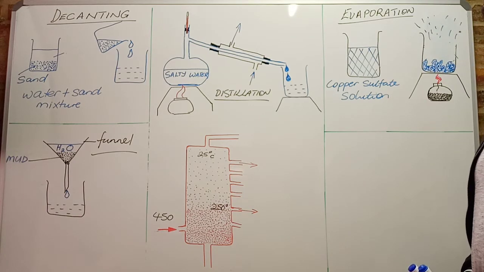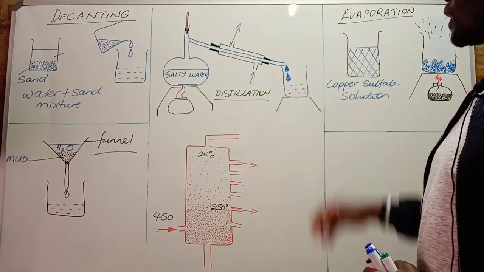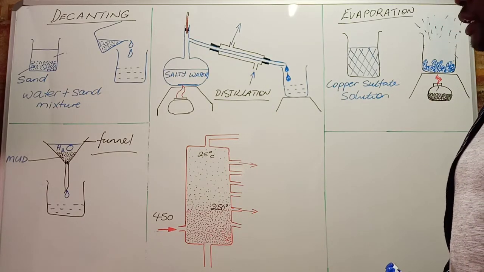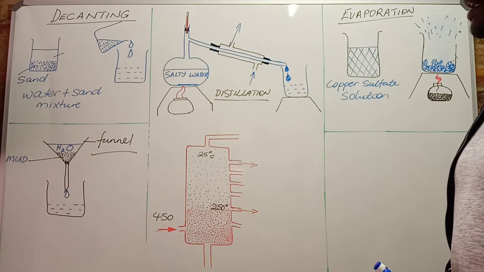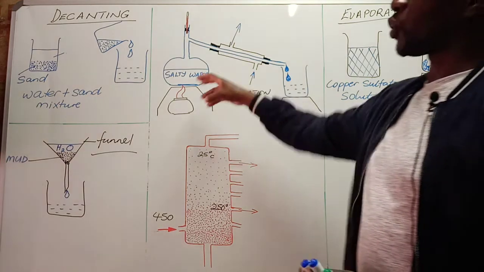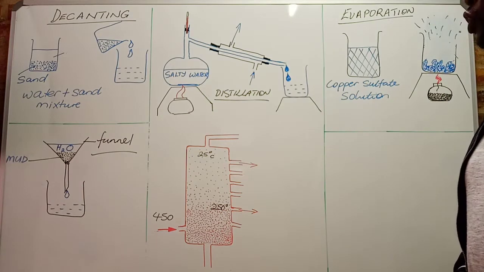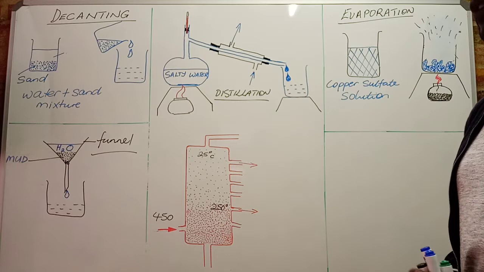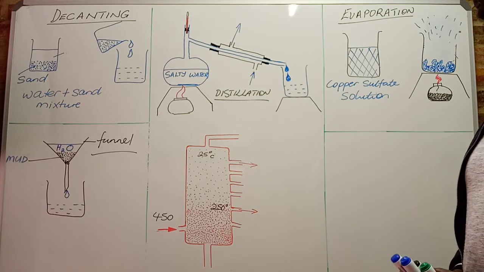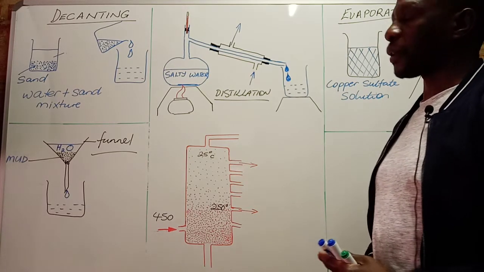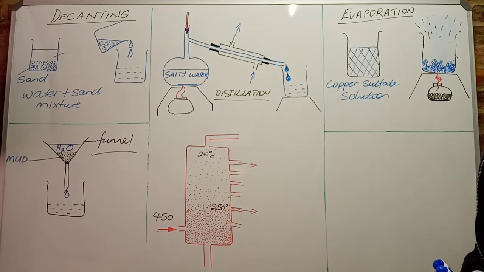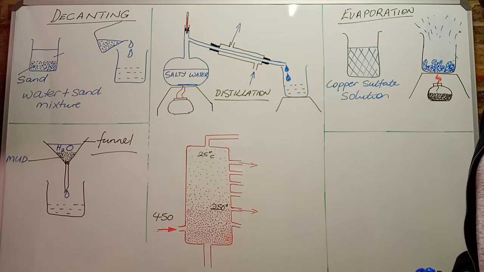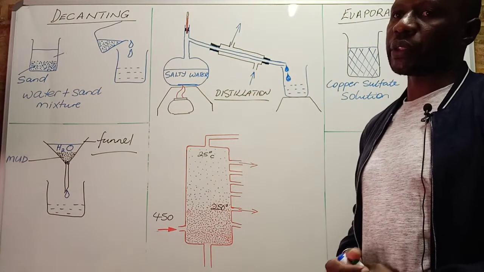However, the main difference between the two is that in distillation, we need both the liquid as well as what is dissolved in the liquid. So we need both the solvent and the solute. Let's say, for example, we want to purify seawater. We want to separate the salt from the water in the sea. So we will use distillation.